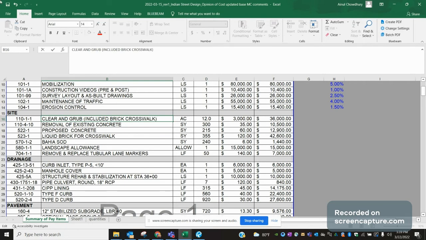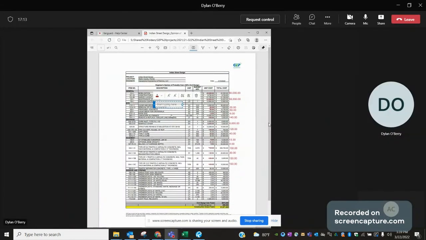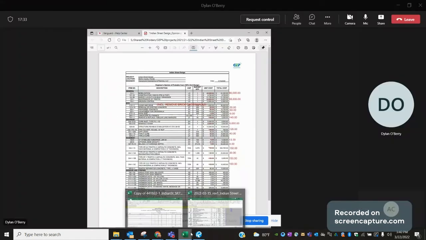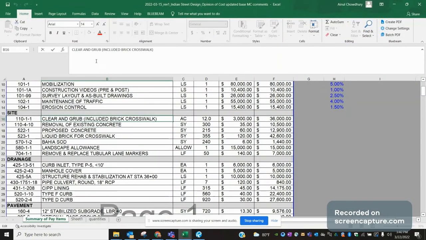Can you see the typing that I got on there? Yeah. You could have a note like that next to the clearing and grubbing so that you can see that we identify this part of the construction here in the bid document, and it's included in this $3,000. And it's replaced with this liquid brick.